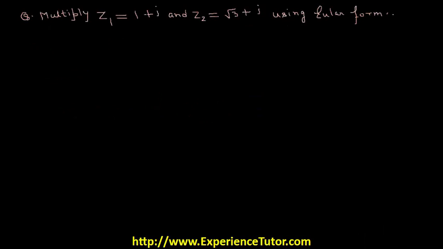Our next question is to multiply z1 is equal to 1 plus i and z2 is equal to root 3 plus i using Euler form.